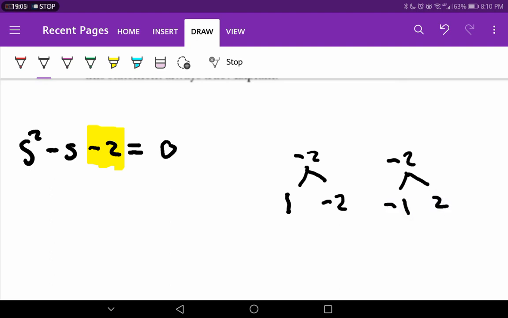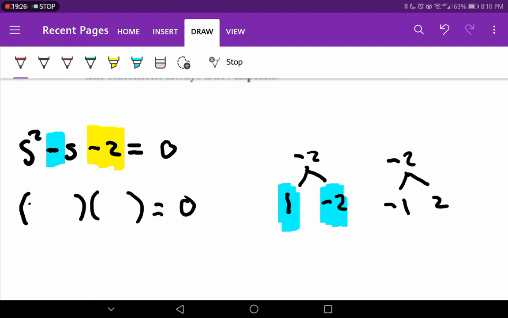But which one is correct? Actually, because the middle term is negative 1, that means the bigger number will be negative, which is this. So how can I write it? See, I open this, as we learned before, equals 0.